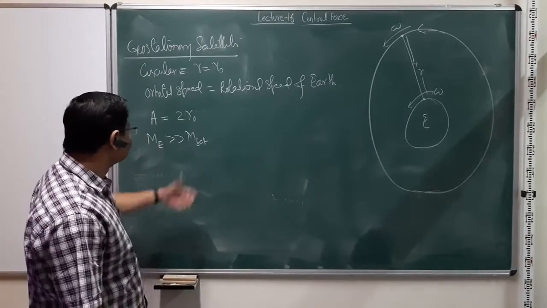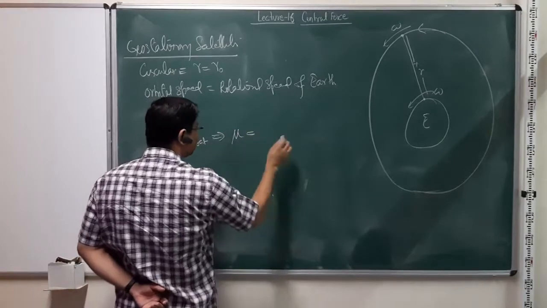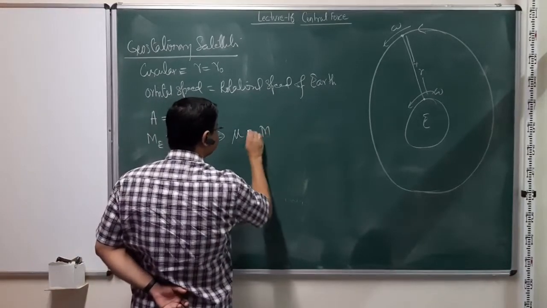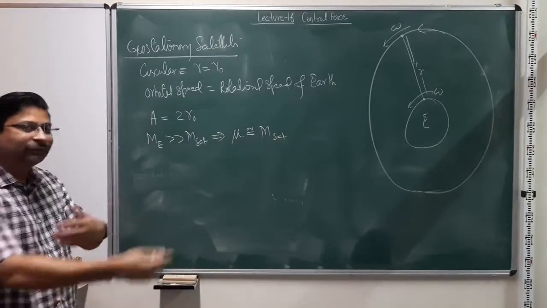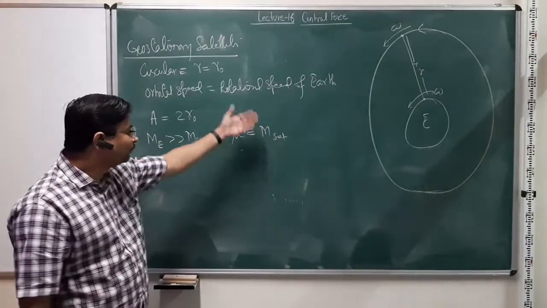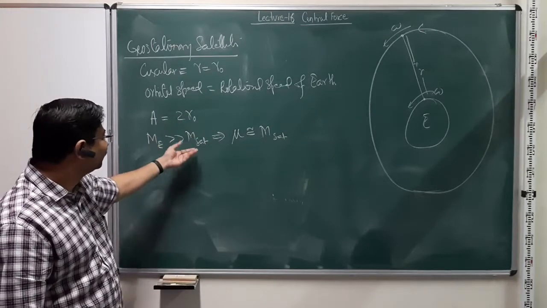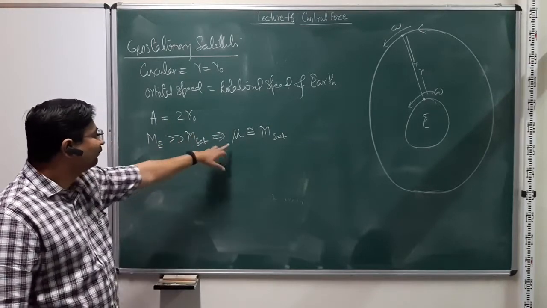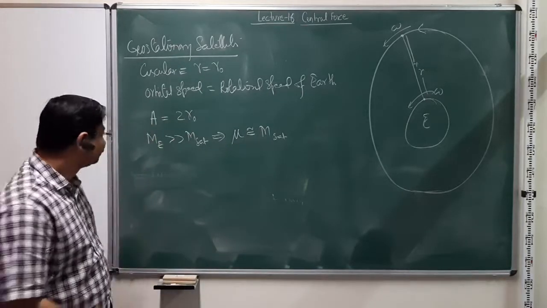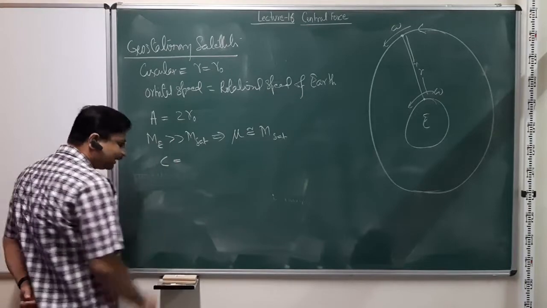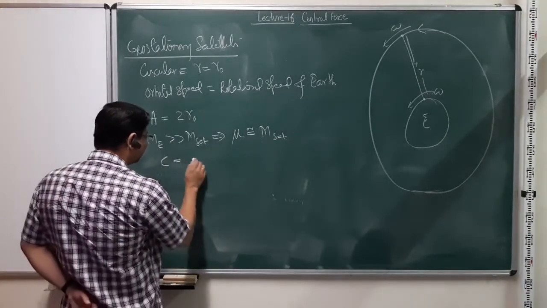So mass of Earth is much greater than mass of satellite, and this would imply that the reduced mass for our system is basically the same as the mass of the satellite. So we don't have to further get the values by putting in the actual masses. We can simply work with the mass of the satellite as our reduced mass. C in this case is again G, M of Earth, mass of satellite and all that.